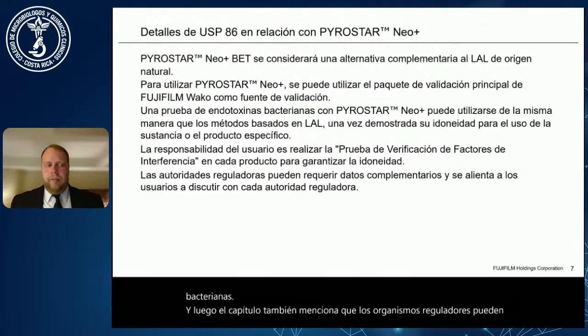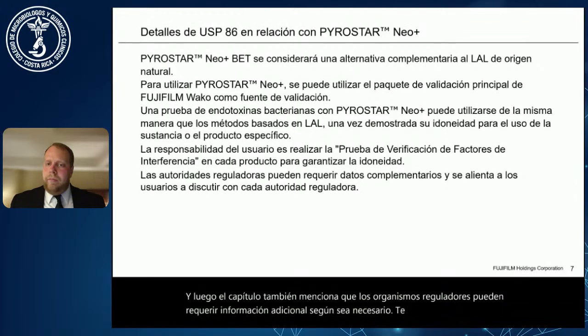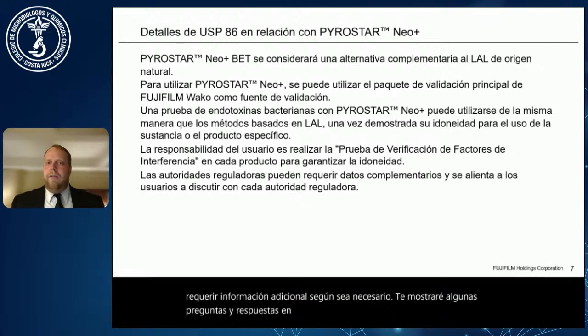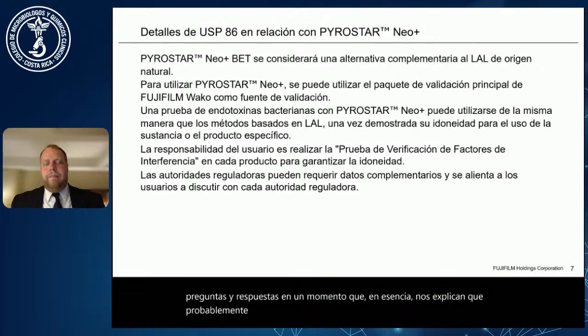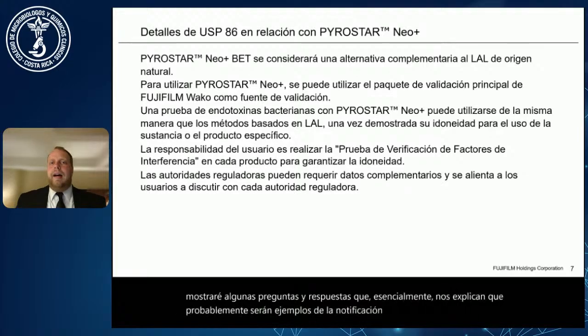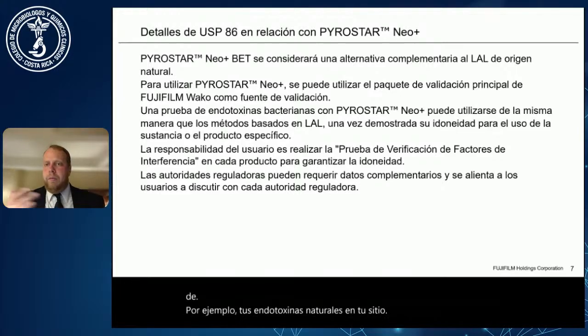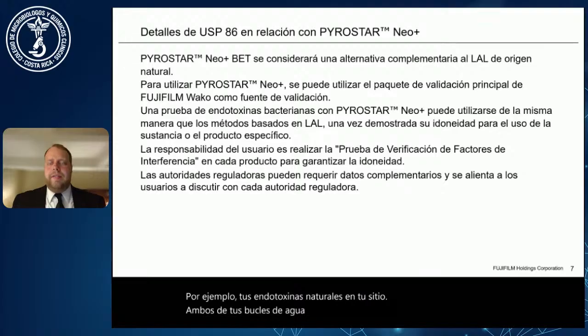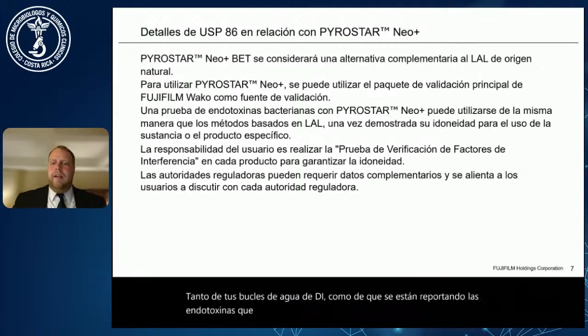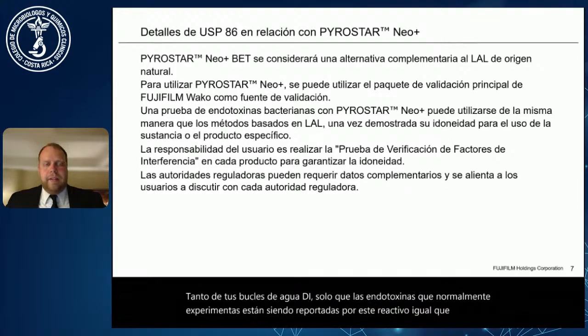I will show you some questions and answers in a moment that essentially outline for us that this most likely will be examples of the reporting of the bacterial endotoxin from your naturally occurring endotoxins at your site, for example, from your DI water loops, just that the endotoxins that you are typically experiencing are being reported by this reagent, just as it is by the traditional bacterial endotoxin test.